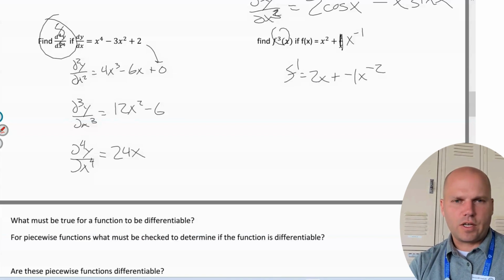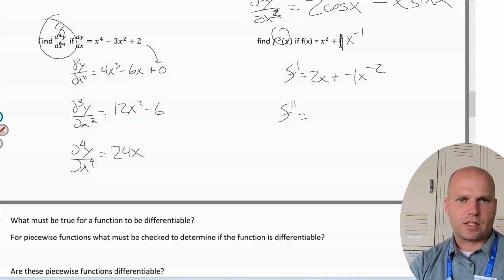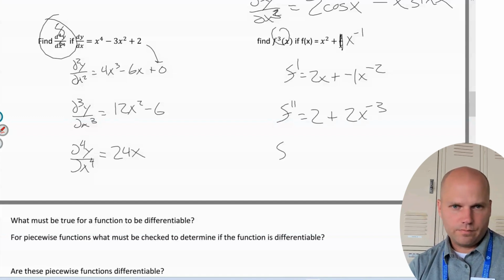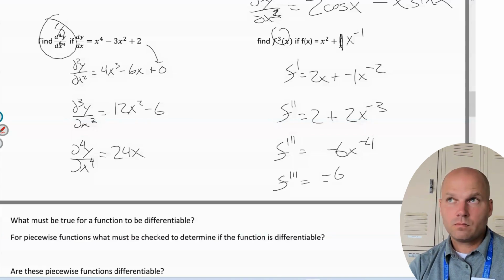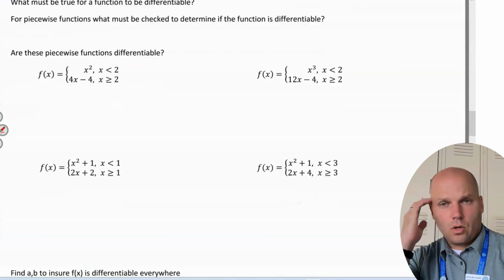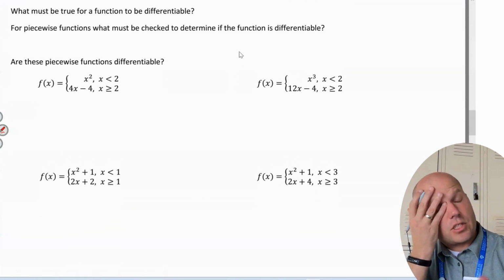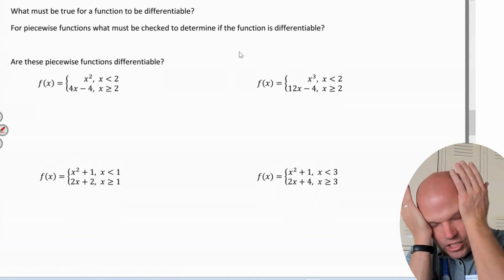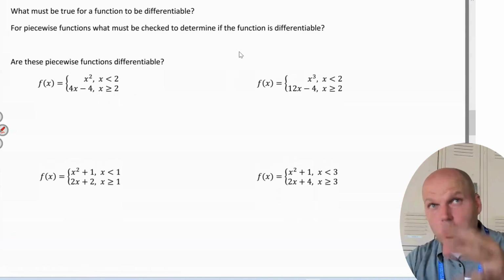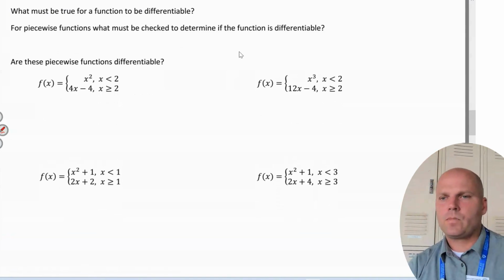If I work through this, I realize, yes, this one goes away, but this one continues to grow. Cool. Now, next set of questions test us on understanding what it means to be differentiable.